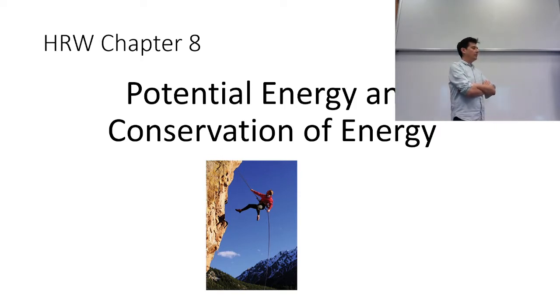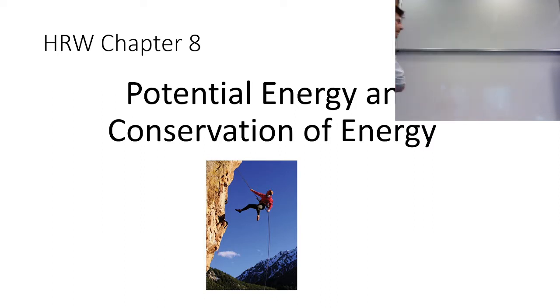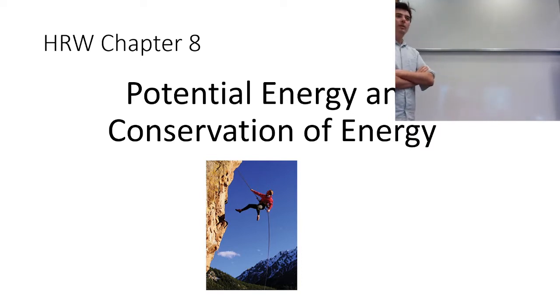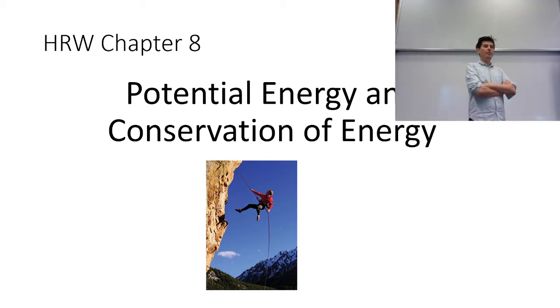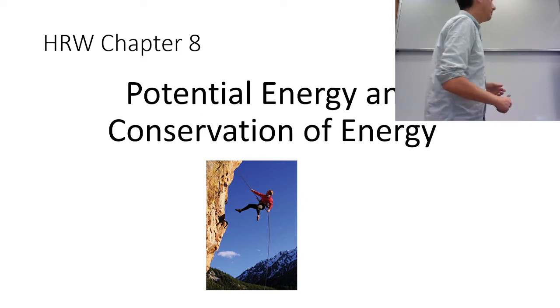In the last chapter, we encountered kinetic energy and work, and one of the main results was the kinetic energy work theorem. If you remember my bank account analogy, we can picture kinetic energy as being one bank account, which keeps track of how much energy you have.